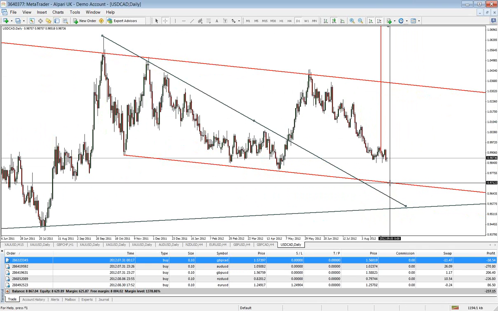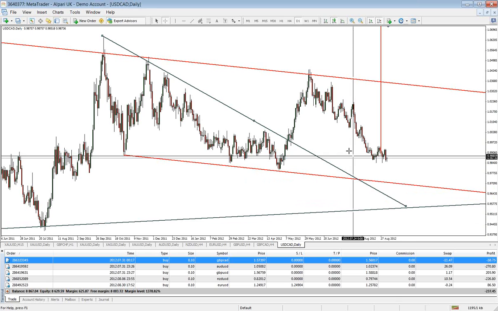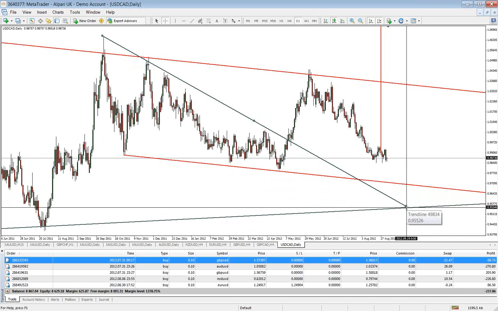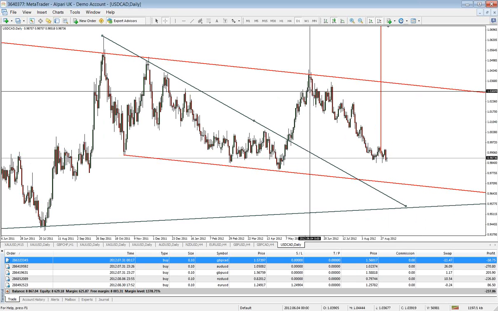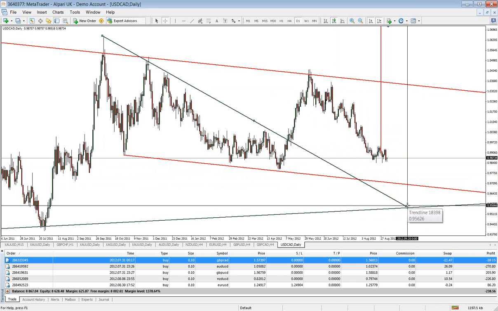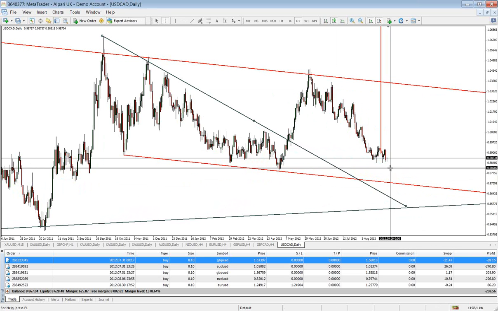One is a simple channel that will be a support, then the next support, then the trend line, the bounce of the trend line. So there are a few support levels for the Canadian dollar. So we might continue basically the downtrend as we're going now, a bit choppy, but a consistent downtrend.